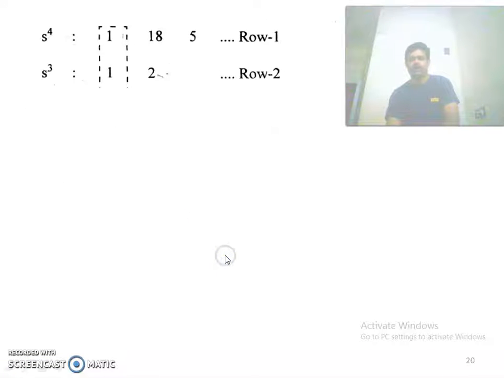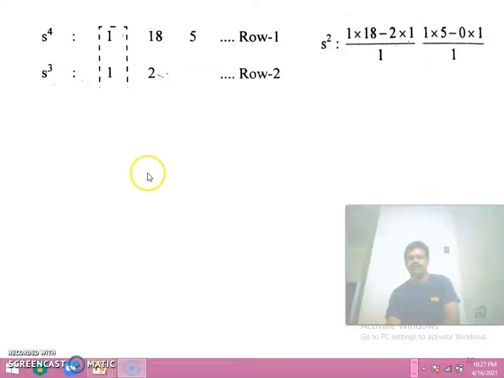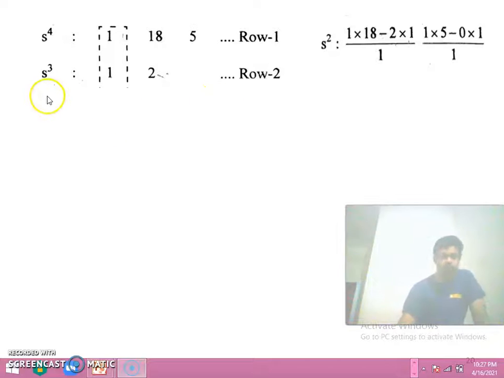Now we are going to construct the next row. This is the first row, this is the second row, and row 3 is s square. So s square is 1 into 18 minus 1 into 2 divided by 1. This is the first element.